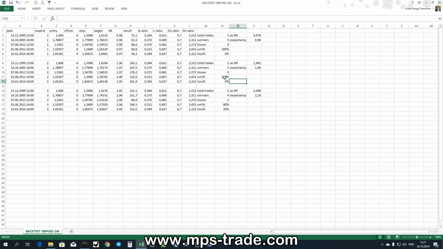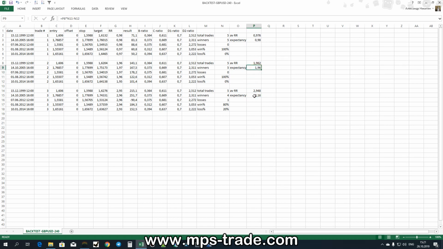Okay, with target 2 we also have 100% probability, and with target 3 we have 80% probability, not 100%, because we have one loss. One trade didn't hit that target. And the expectancy with target 2 we have 1.96, and with target 3 we have 2.16.